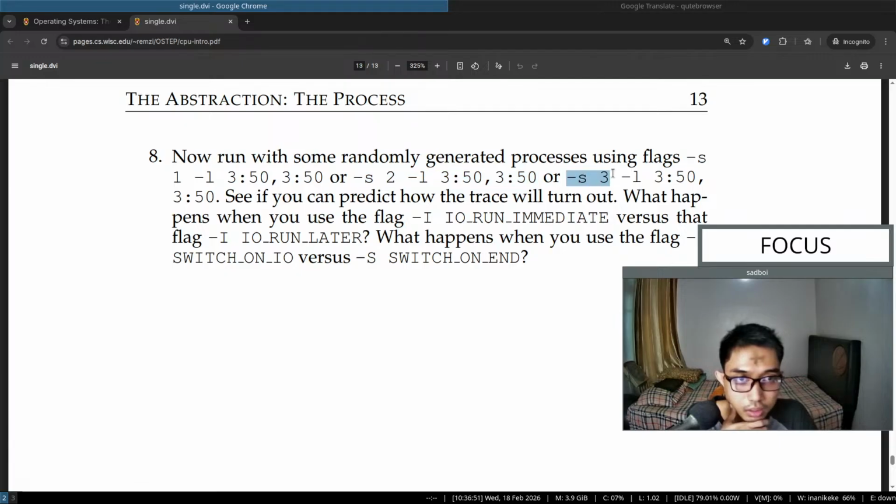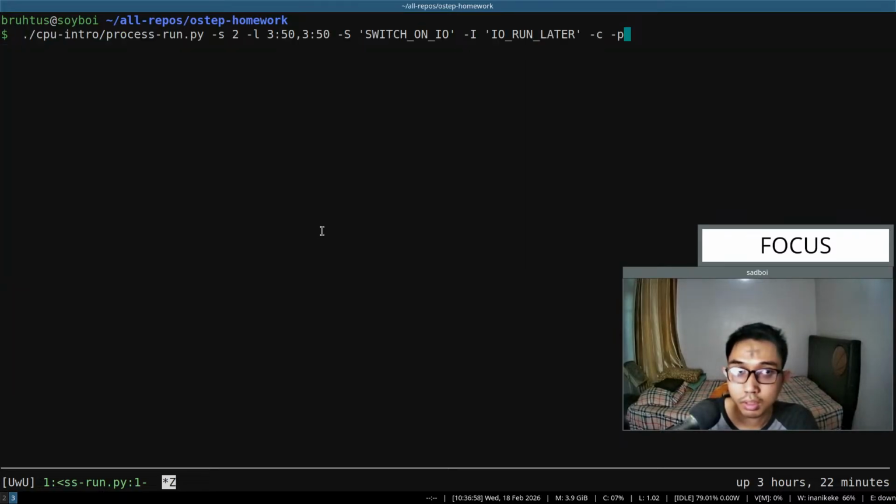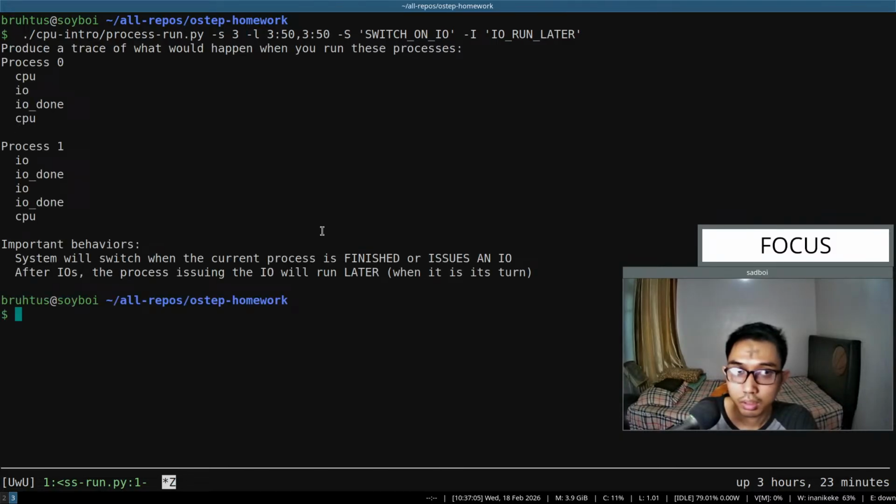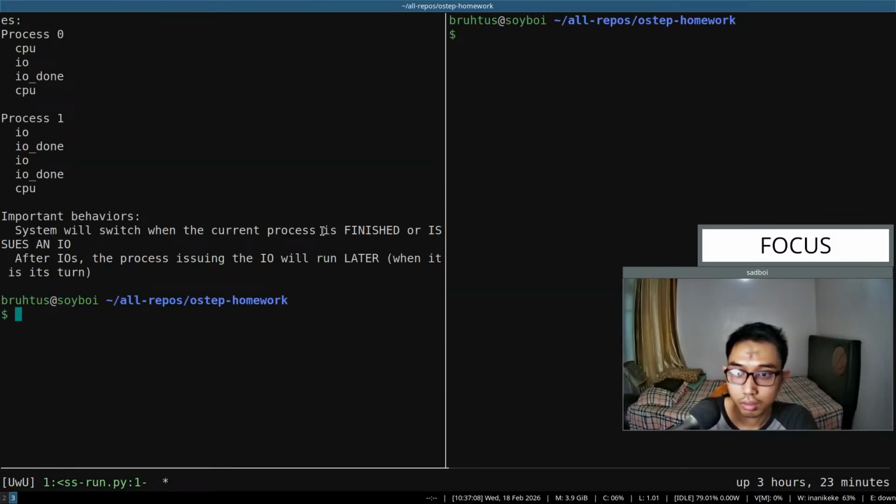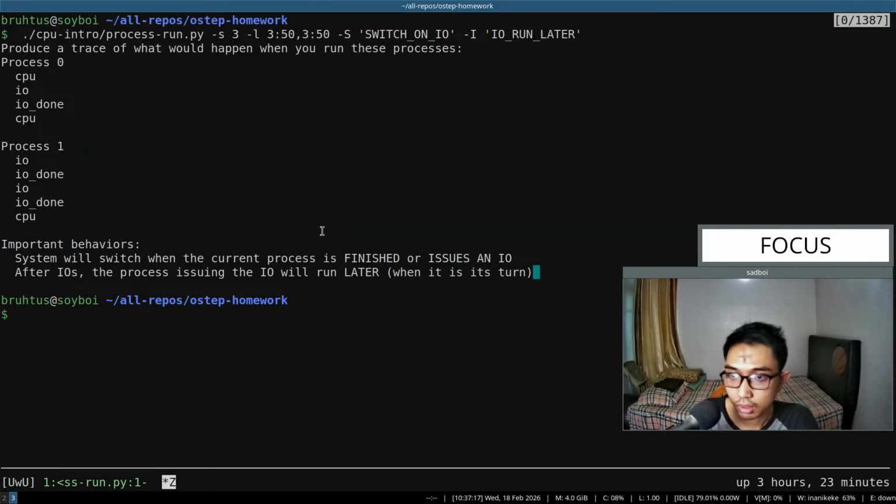Now let's try the third case. Of that. Oh, now this is interesting. I didn't realize that the cursor is different.